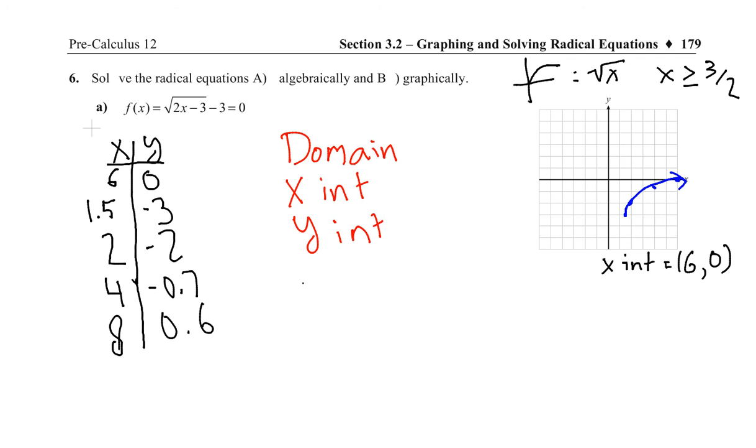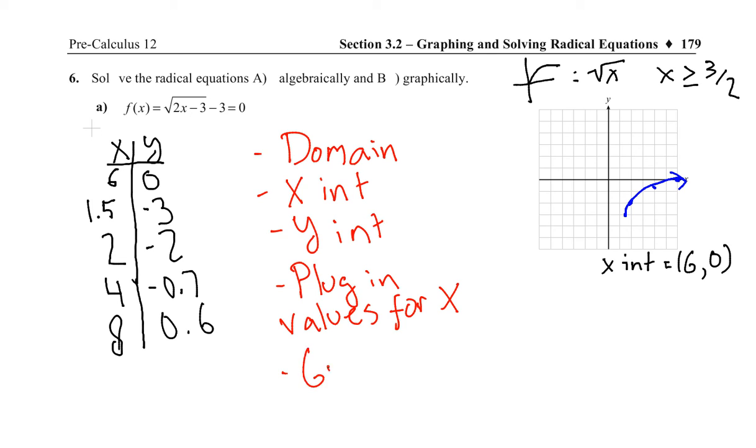And then once you do that, just remember to plug in values for x. Obviously, you don't need to do it in this order, but this is the order that I find helps. And then the last step is the graph, and hopefully it'll look right.